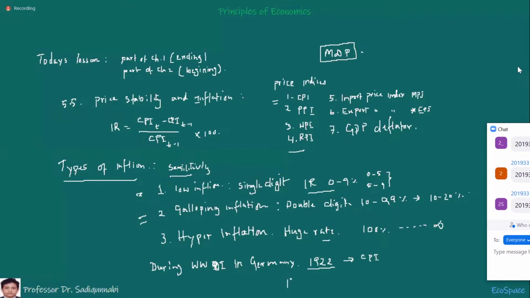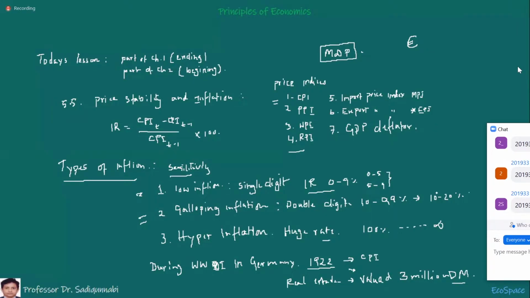Real estate means housing. In 1922, this real estate was valued at maybe 3 million Deutschmark, DM. Deutschmark was the currency of Germany before the euro. Nowadays, the European currency is the euro.